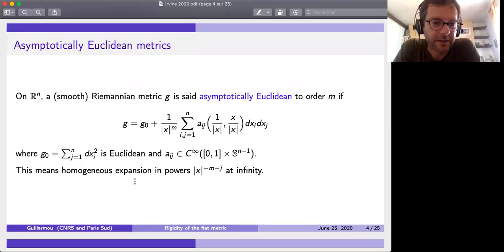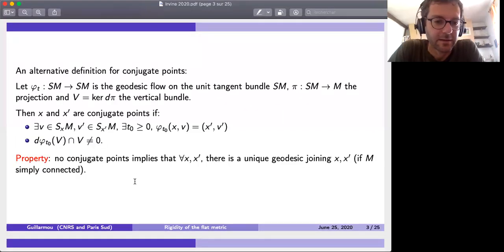Now that I have defined conjugate points, one remark that I didn't write, but which is important about conjugate points: the typical example of a manifold with no conjugate points is the case where the curvature is non-positive. When you have non-positive sectional curvature, it's easy to check that there are no conjugate points. But there are manifolds with no conjugate points which have a little bit of positive curvature, so it's a more general class.